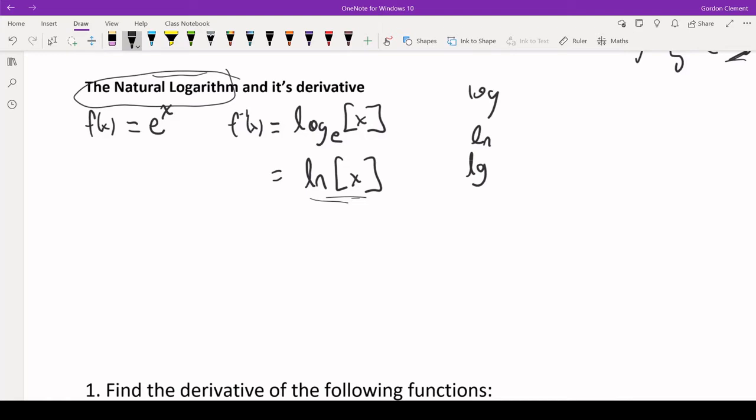And then even worse, a statistician would say log and write log, but statisticians are actually using the ln button on their calculator, the natural logarithm. So they say log, they write log, they don't mean base 10, they mean base e. Statisticians are weird.